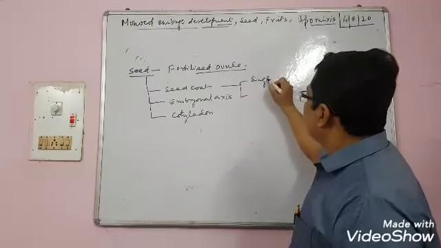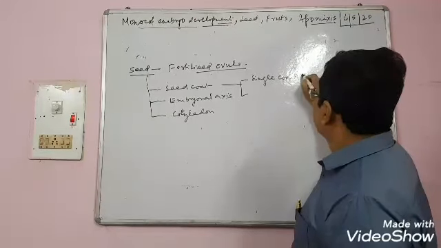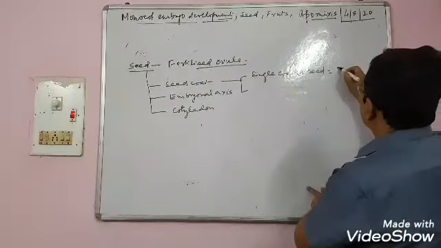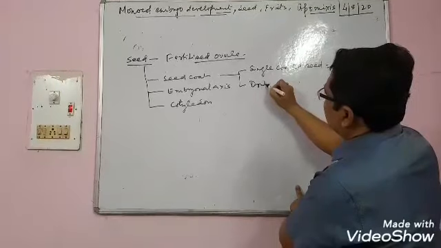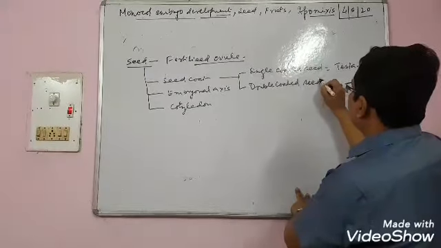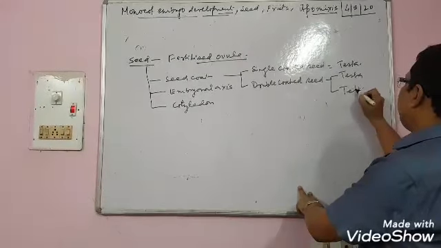A single coated seed has only a testa, and a double coated seed has a testa and a tegmen.